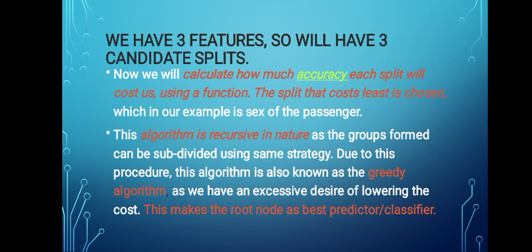We have three features, so we'll have three candidate splits. Now, we will calculate how much accuracy each split will cost us using a function. The split that costs least is chosen, which in our example is the sex of the passenger.